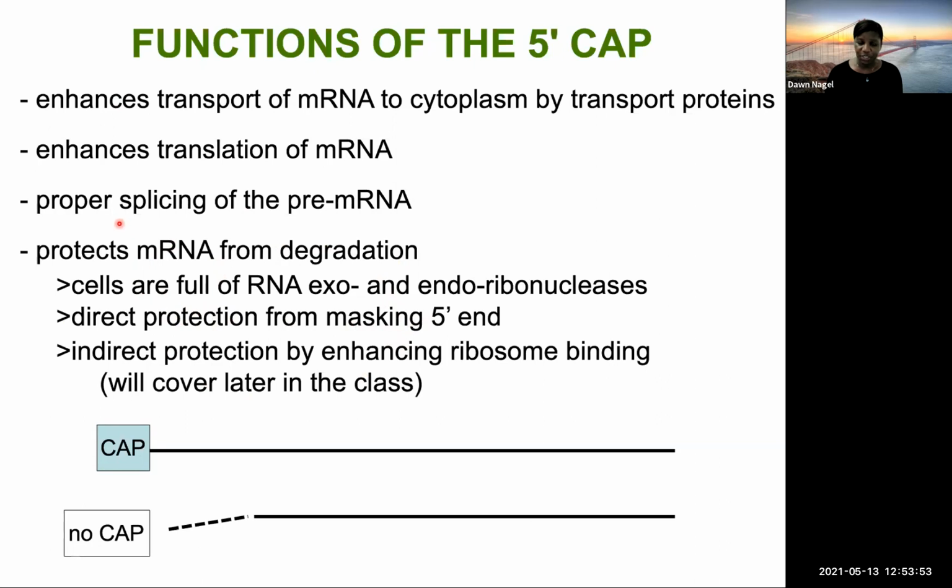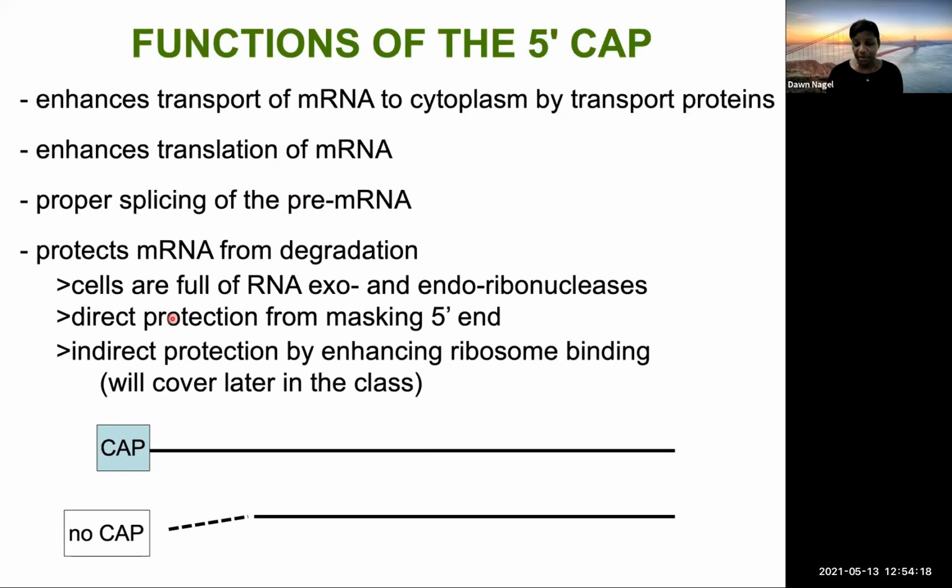It's also important for enhancing translation because the protein that binds to that cap interacts with the ribosome. It's also important for transporting the mRNA into the cytoplasm by transport proteins. And also it's important for proper splicing of the mRNA, okay?